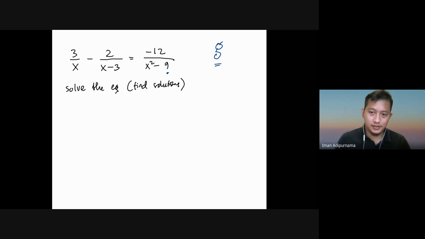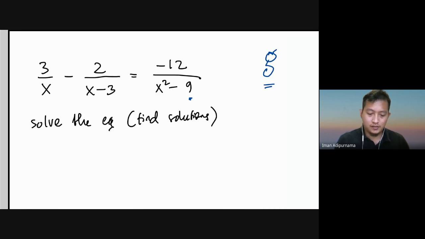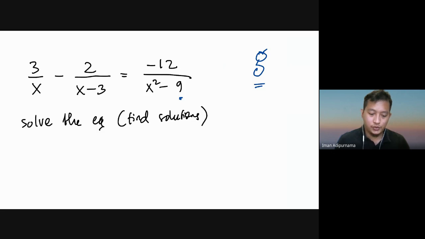All right. If you see the equation, you have 3 over x, 2 over x minus 3, minus 12 over x squared minus 9. The x minus 3 and x squared minus 9 are actually simple expressions, right?